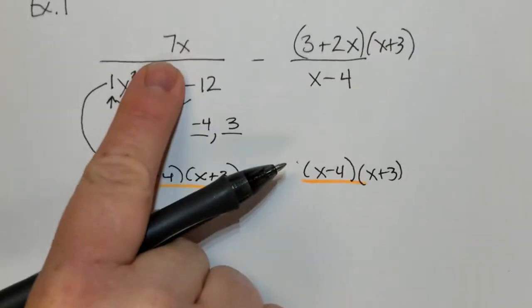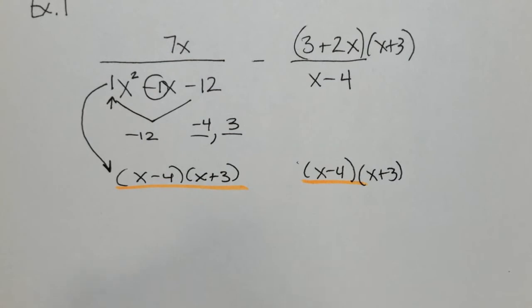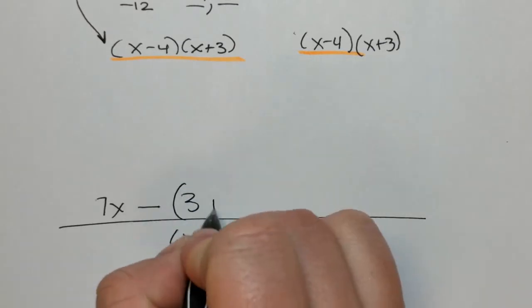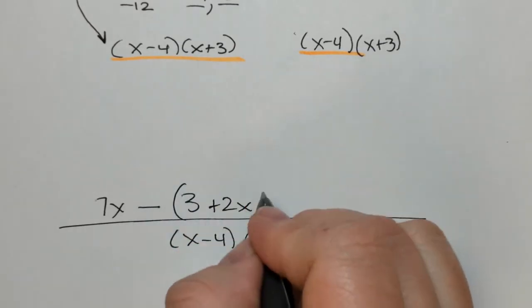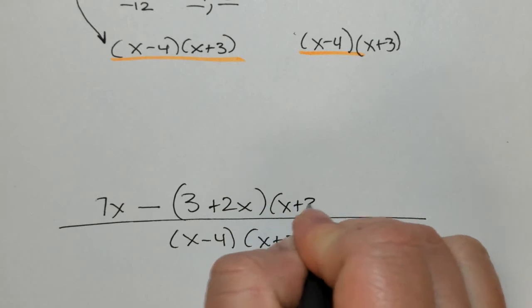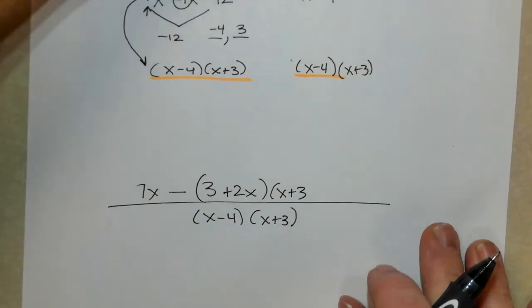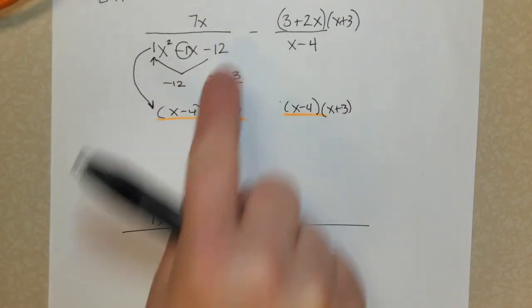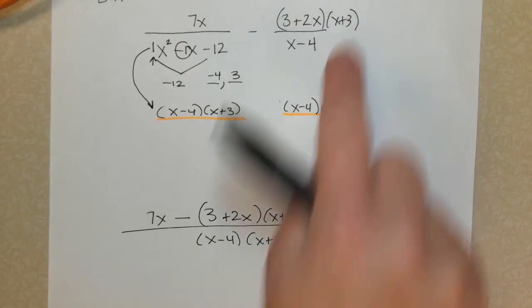On the left hand side, I have a 7x, then a subtraction sign, and then I have 3 plus 2x times x plus 3. If I zoom out here, it may be a little bit easier to see. So I'm taking what I had in the numerator on the left, bringing down the subtraction sign, and what I had on the right.